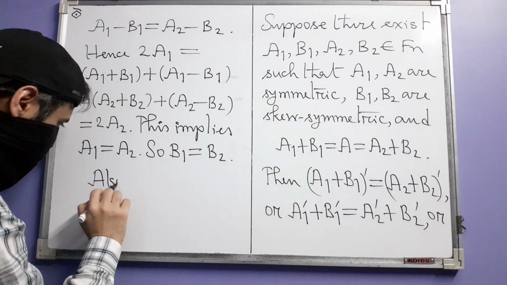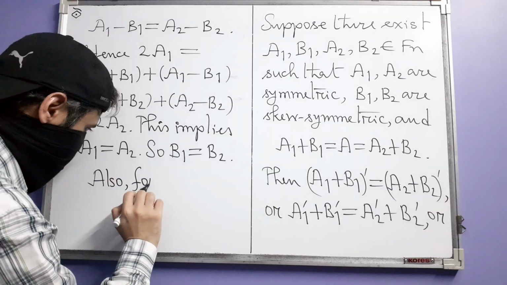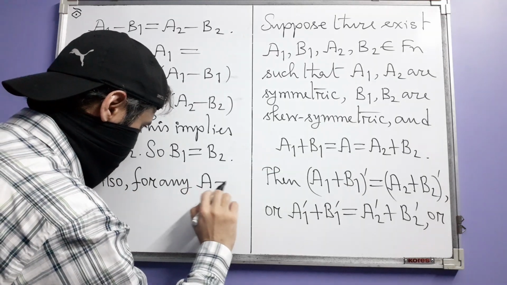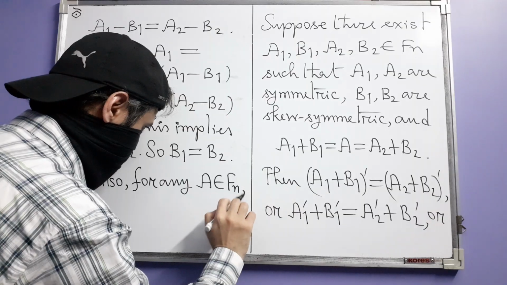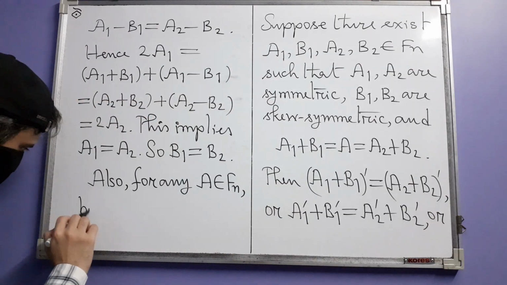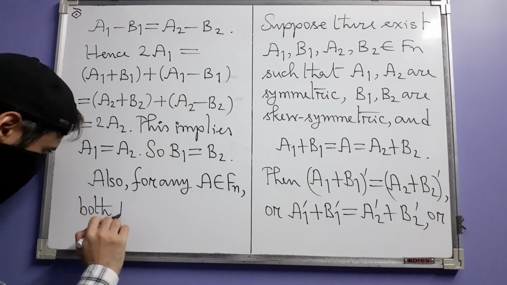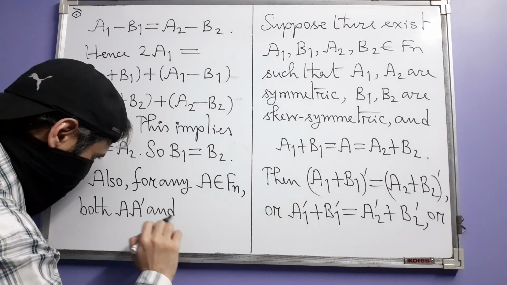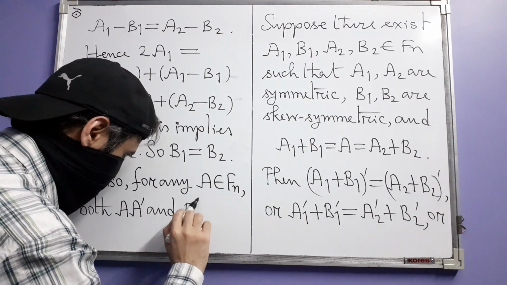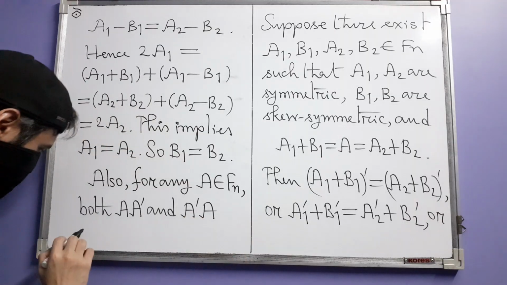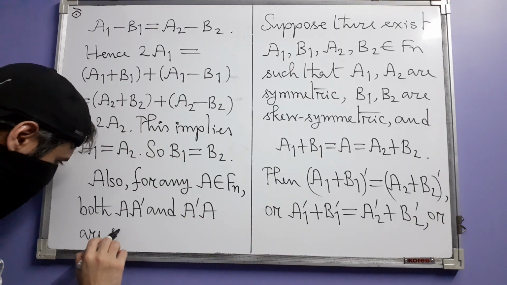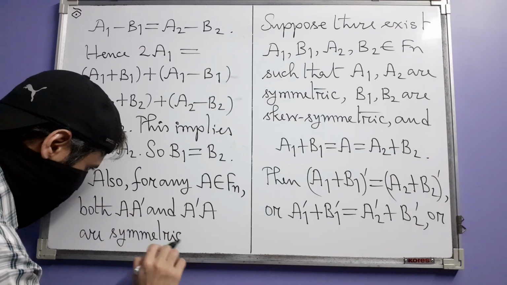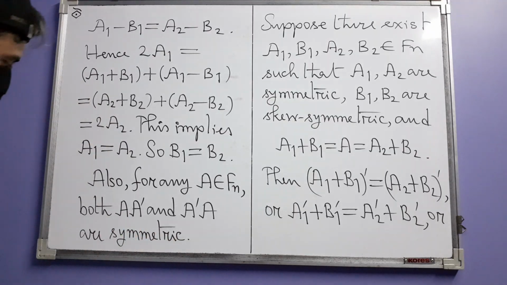Also, for any matrix A in Fn, both A plus A transpose and A transpose A are symmetric. It is very easy to verify.